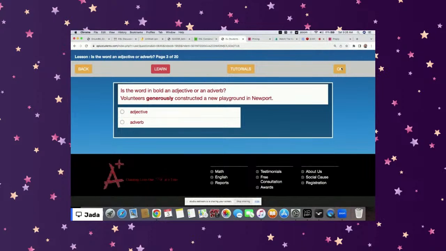But if you say generously, it makes it an adverb. And your final decision was quite reasonable. Like we've said about reasonable, if it's reasonable, then it's an adjective. Reasonably, it is an adverb.